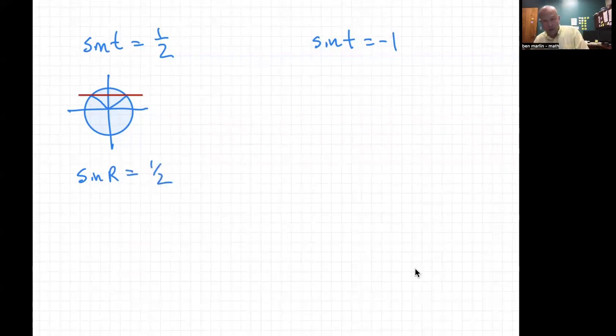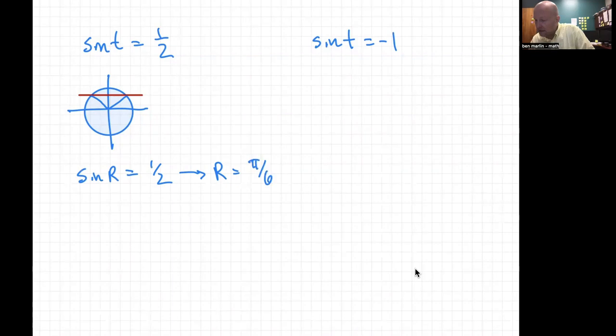Yes, I know I didn't change that. If you're looking for a reference angle, it needs to be positive. This was already positive. Okay. But I just want the reference angle. And I look on my chart, my sticky note that I've written all these down on, and the reference angle that has a sine being 1/2 is pi/6.